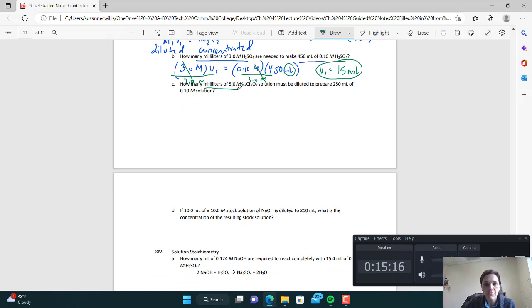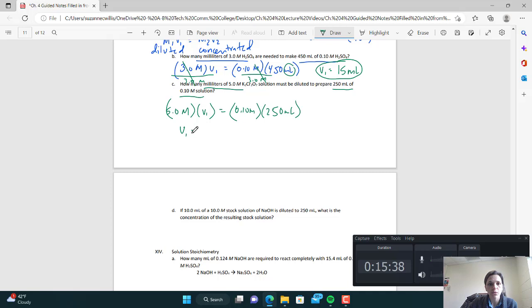So here we can do another example. How many milliliters of 5 molar must be diluted to prepare 250 milliliters of 0.10 molar? So really similar. We have 5.0 molar. We're looking for the volume, the new concentration, and the new volume. So you just got to make sure you put things on the right side.